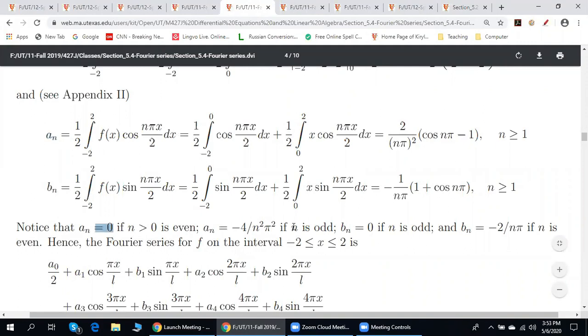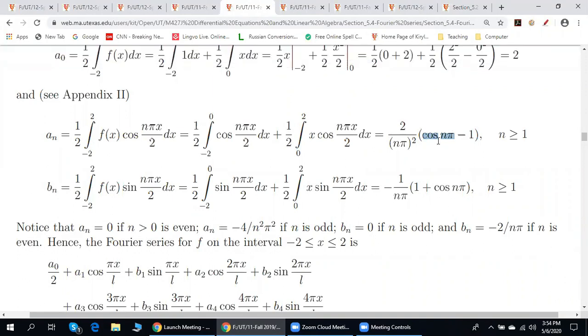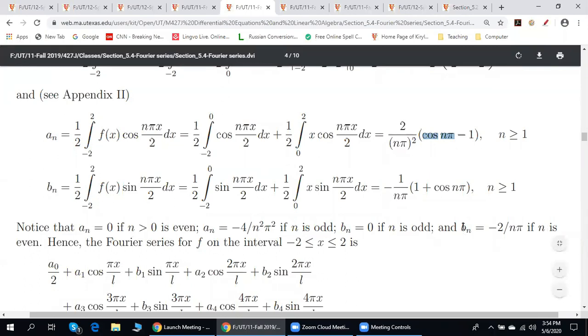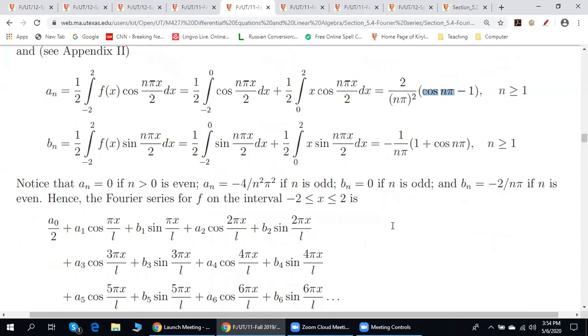In contrast, if n is odd, cosine is -1, -1 minus 1 is -2 times 2, -4. Similarly, if n is odd, all bn's are 0. If n is even, bn is -2 over n pi. We are done with a's and b's.